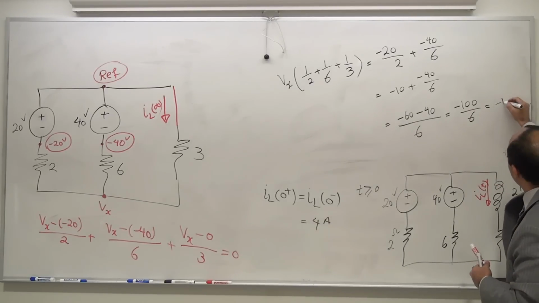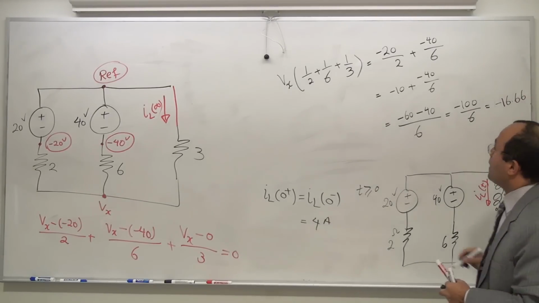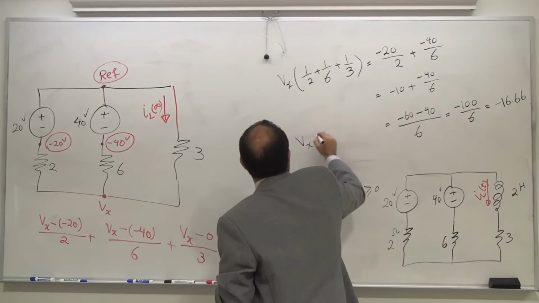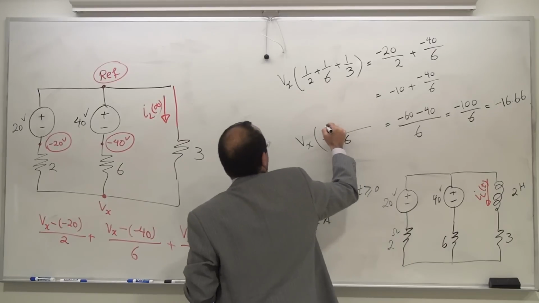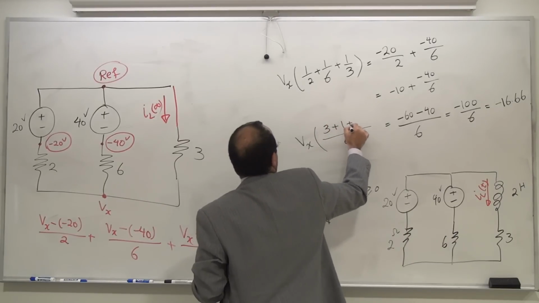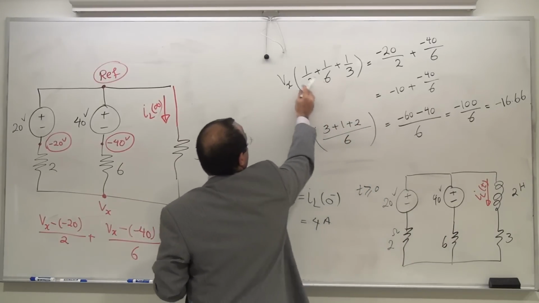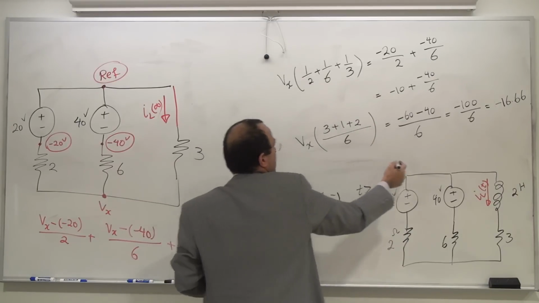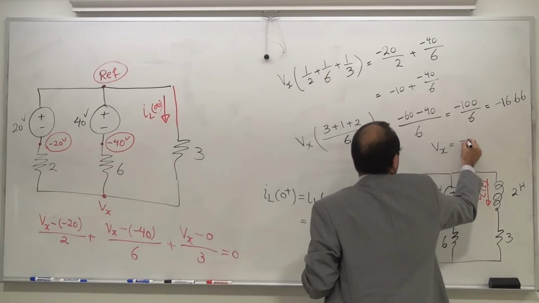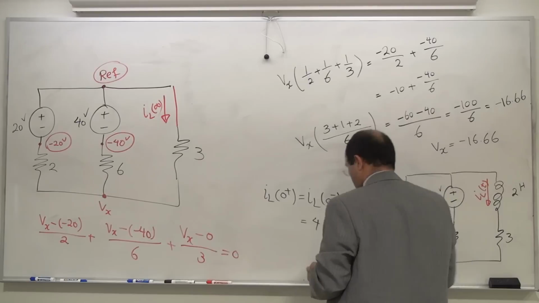So minus 16.66. Now on this side, what do I get? I get Vx. Again, I don't have to do this manually. 3 plus 1 plus 2, that's 6, that's 1. So you've got yourself Vx equal to minus 16.66. Isn't that nice?